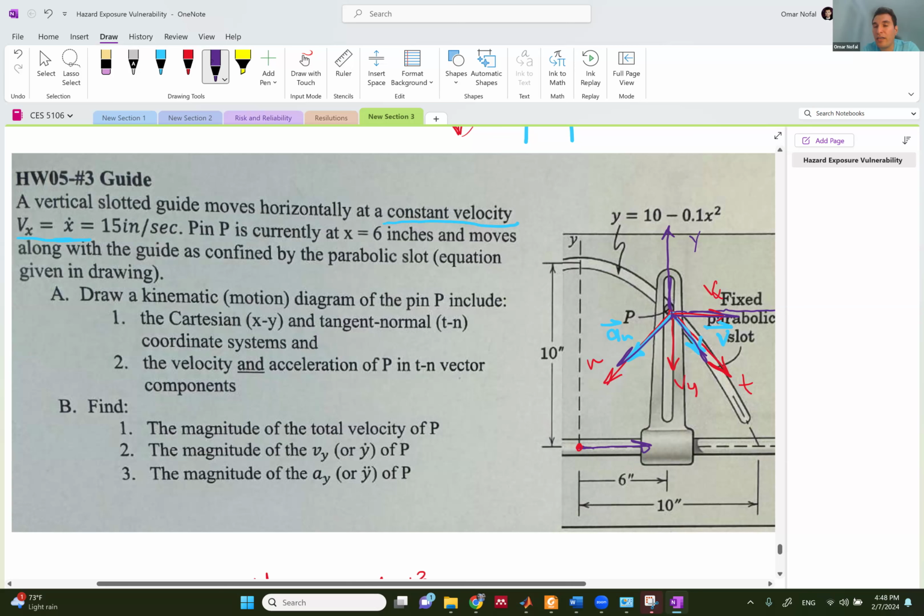I gave you an equation for y and x. Since I gave y and x, you will be able to get y dot, y double dot, so you know the velocity and the acceleration in the y direction. I gave it to you in equation form. However, on the x side, I give you x right away. I give you x is 6 inches. I give you x dot is 15 inches. And I told you information that is constant. So x double dot is equal to 0 since I gave you that Vx is constant.